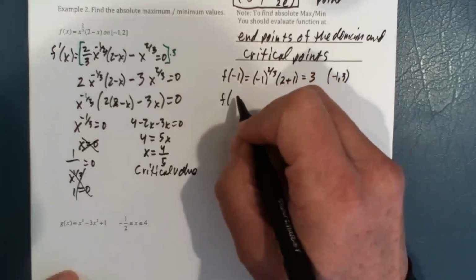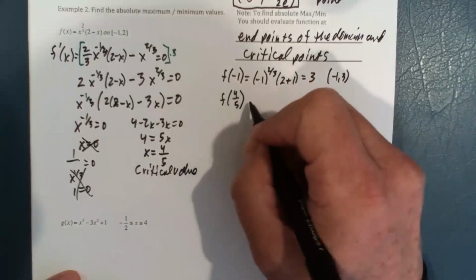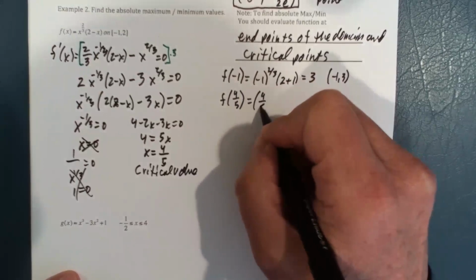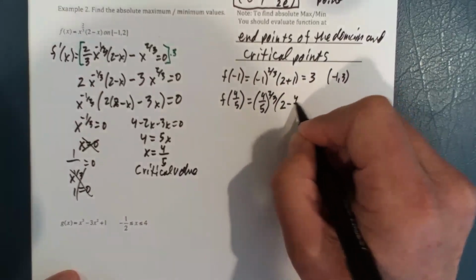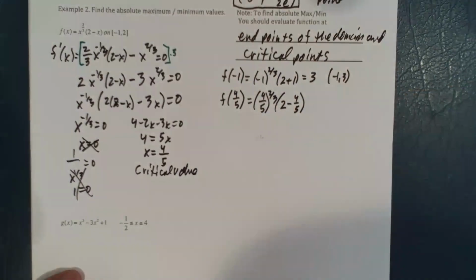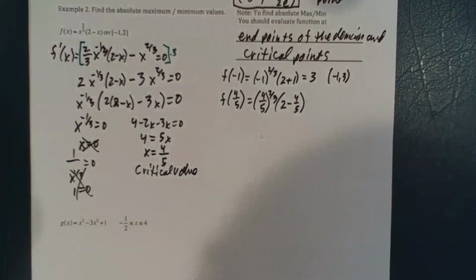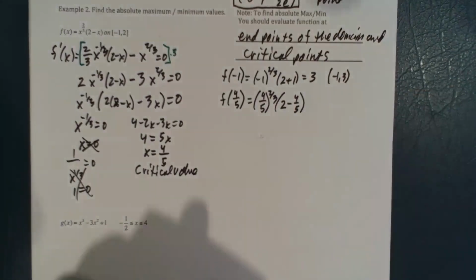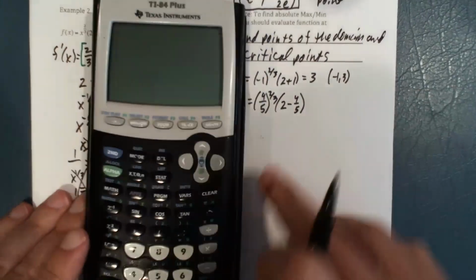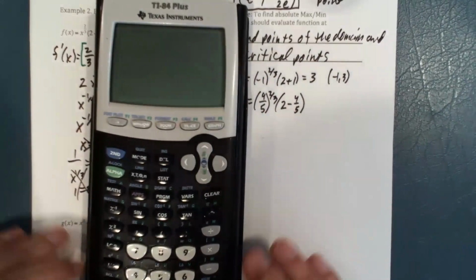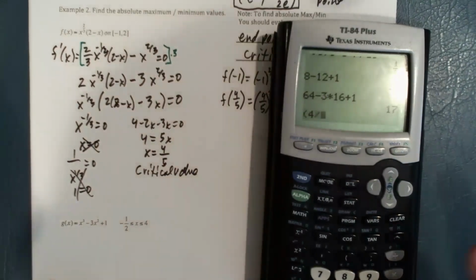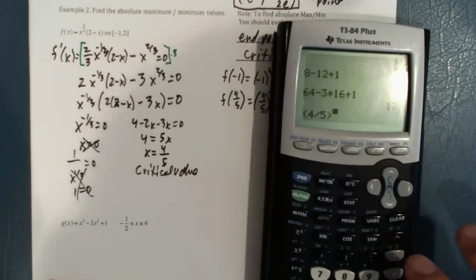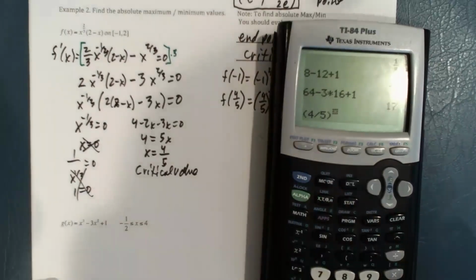Let's now find f of 4/5. And I'm just going to dump that into the calculator and get a decimal approximation, because we're going to end up with a crazy radical here. So let's just type this straight in as it is. So 4 divided by 5 raised to the 2/3 power.